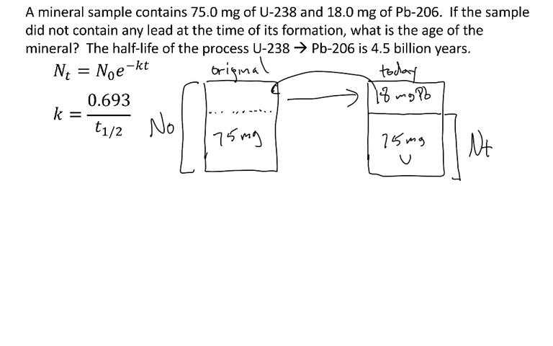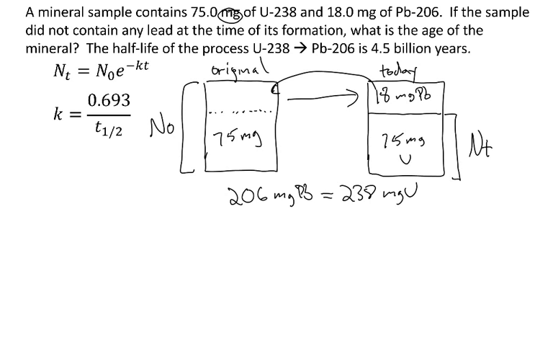The conversion factor we had from the last slide was that 206 grams of lead is equivalent to 238 grams of uranium. In this problem we're using milligrams, so in my conversion factor it'll be 206 milligrams of lead is equivalent to 238 milligrams of uranium.